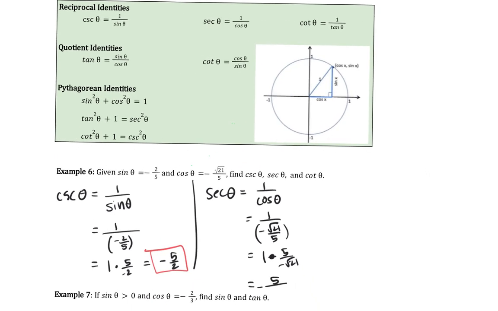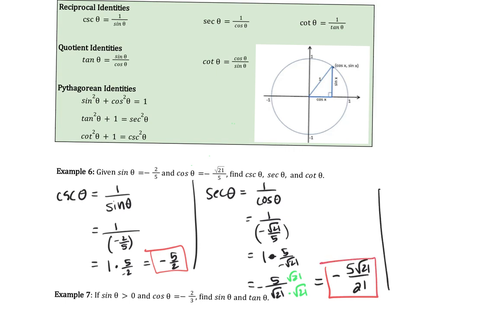We'll just make the whole fraction negative, 5 over square root of 21, but we need to rationalize the denominator, so we multiply the numerator and the denominator by square root of 21, and we get negative 5 square root of 21 all over 21.